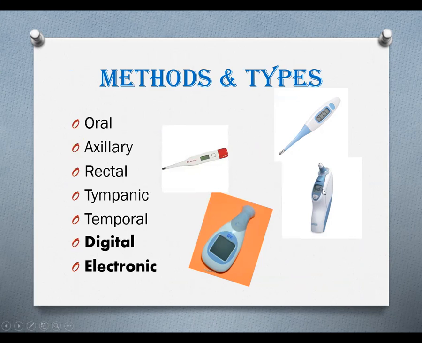This one is your tympanic, and you can see that the tip here is what goes in the ear. Temporal is just moved across somebody's forehead. And then there are digital and electronic thermometers that are kind of new nowadays in a lot of facilities.